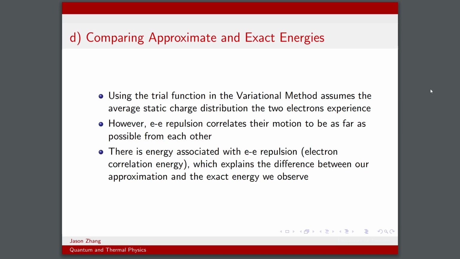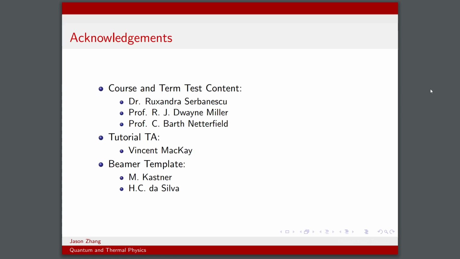And because their motion is correlated like this, there's energy associated with this repulsion, and it's called electron correlation energy. And this explains why there's a difference between our approximate value and the exact energy we observe. And if you'll recall, the approximation was slightly higher than the exact energy, and that's simply a result of the variational theorem, which states that our approximation will always be slightly higher than the exact value.